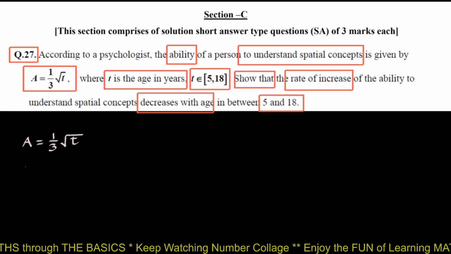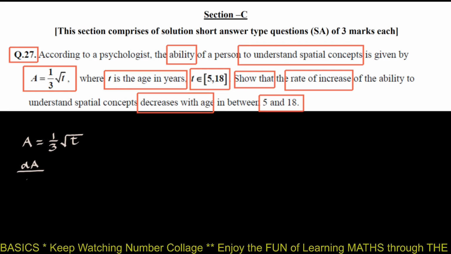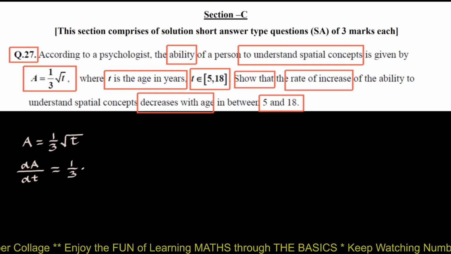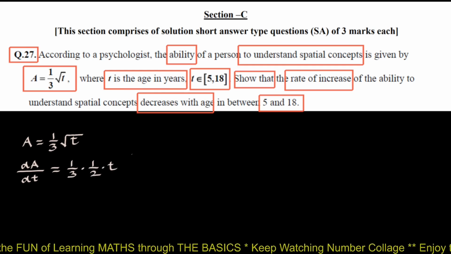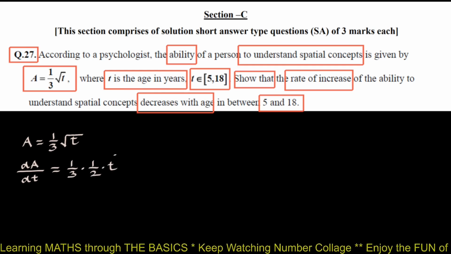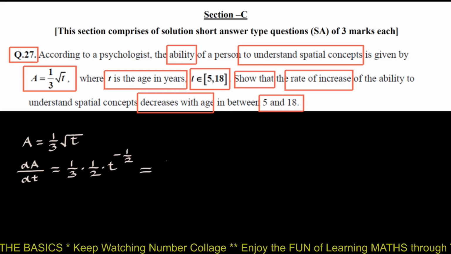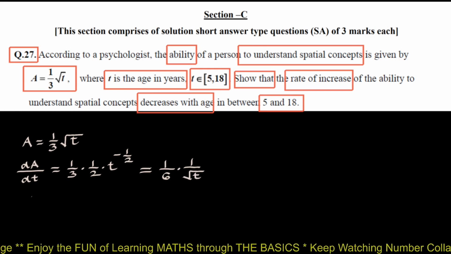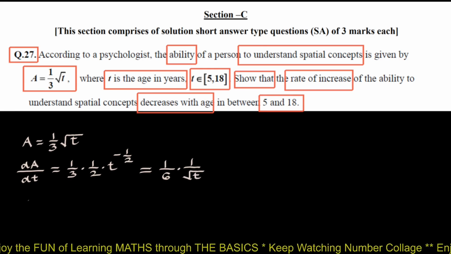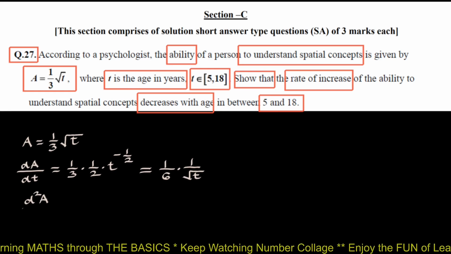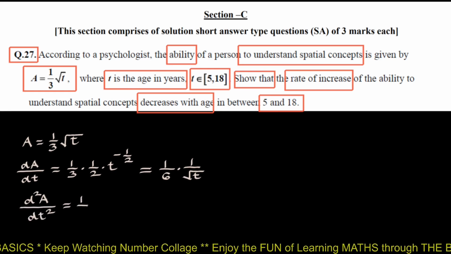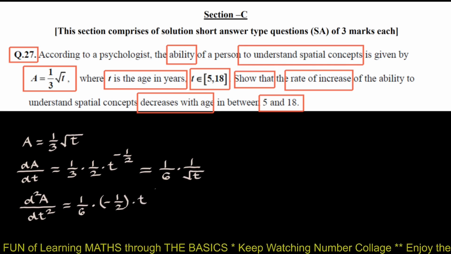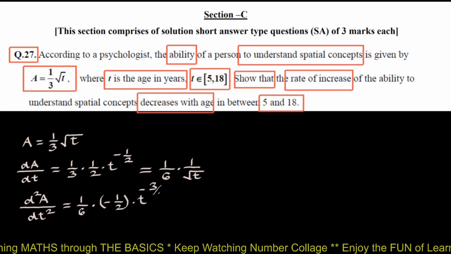Differentiating with respect to t, we get the rate of understanding with t, that is age, as 1/3 into half into t raised to half minus 1, that is minus half, which will be 1 upon 6 into 1 upon square root of t. Differentiating once again with respect to t, d2A upon dt squared will be 1 upon 6 into minus half into t raised to minus half minus 1, minus 3 upon 2.